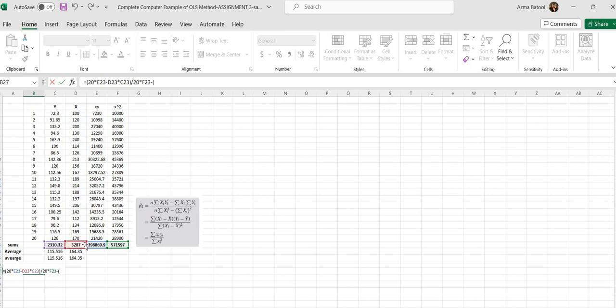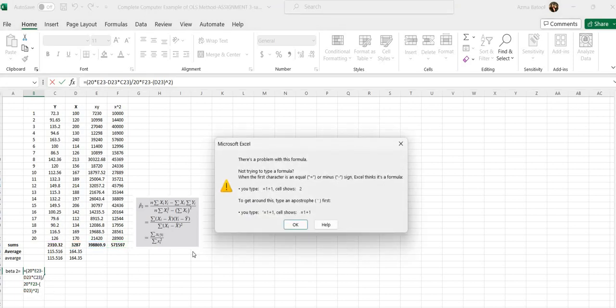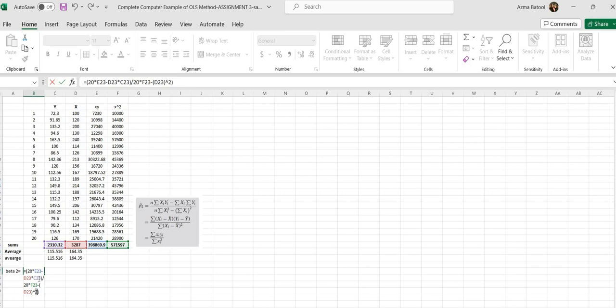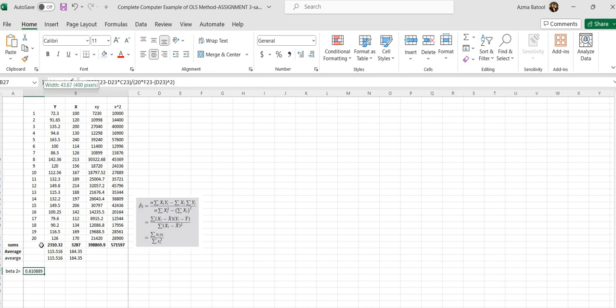So I'll put a bracket. I put this number, and whole square means I will raise it to the power 2, and I'll make another bracket just to enclose this entire expression. So I will take my cursor to the start. Here we go. Can you see this formula? Let me make it bigger.